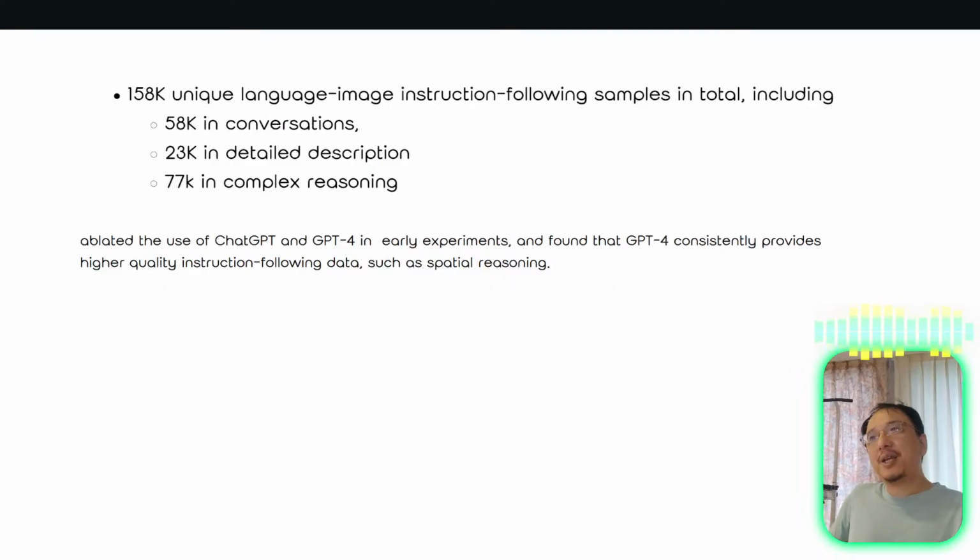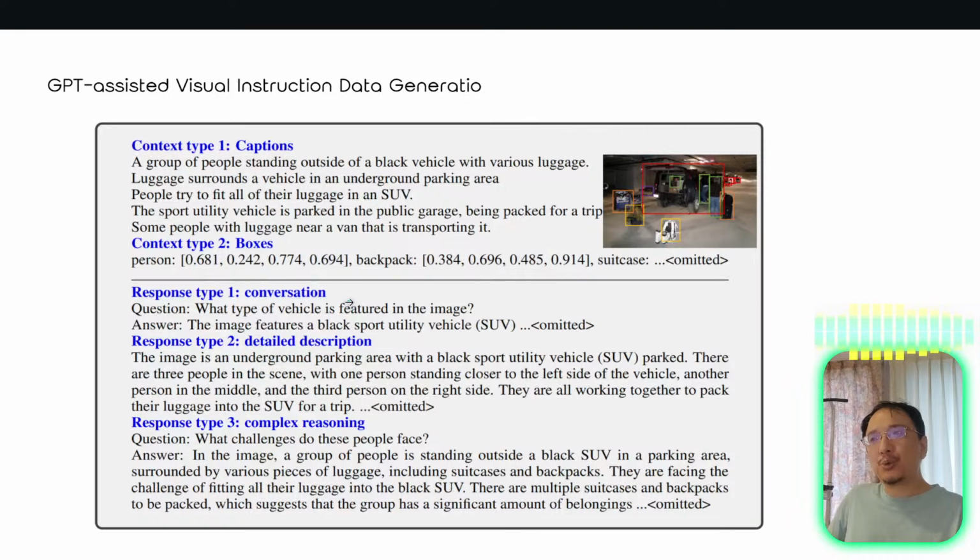In LLaVA, it uses GPT to help generate these things because we already have some text models. So these are text, and we can write this in a text format.